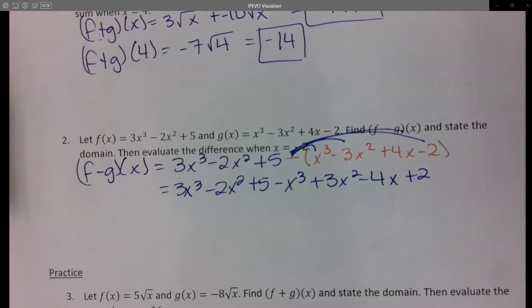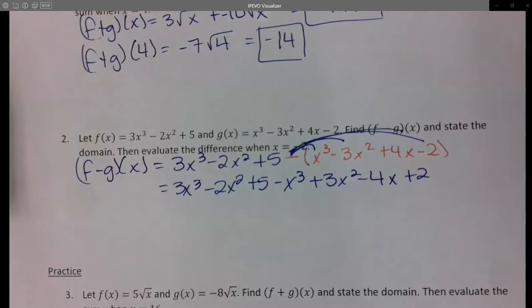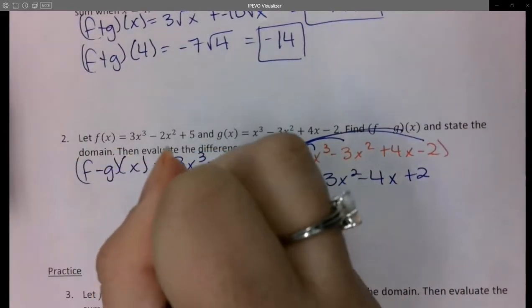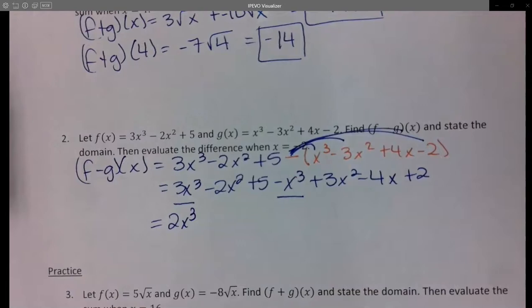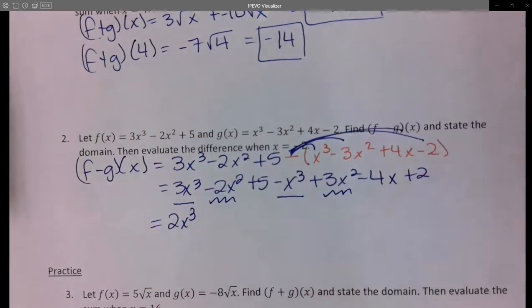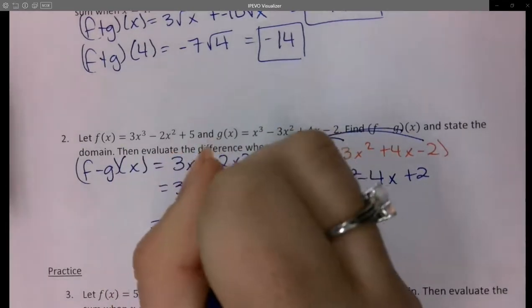Then I want to go ahead and combine like terms. So I have 3x cubed and negative x cubed, which will give me 2x cubed. Then I have negative 2x squared and positive 3x squared, gives me just x squared.